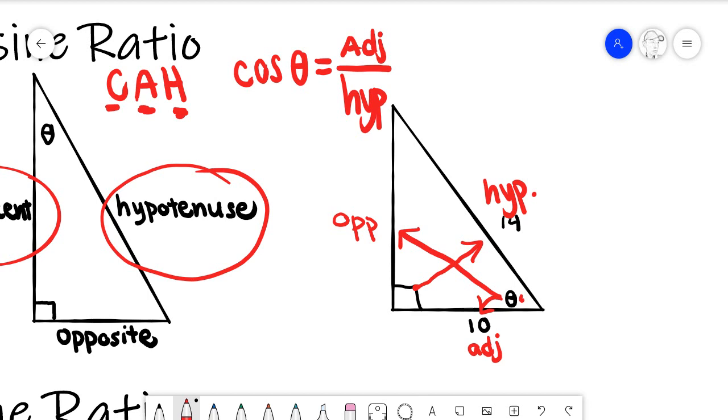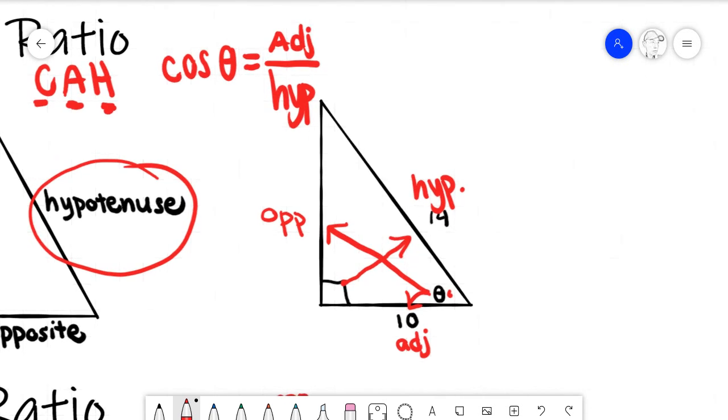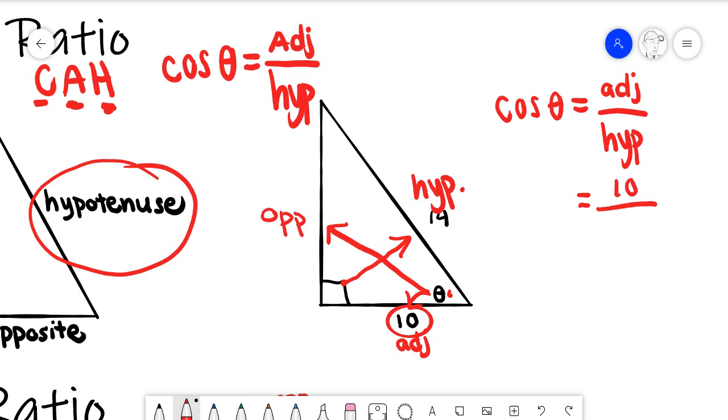Now that you have your three sides figured out, you just need the adjacent and hypotenuse, and that's what you're given too. Let's plug those into our formula. Adjacent over hypotenuse. Your adjacent is 10, your hypotenuse is 14. We can reduce.